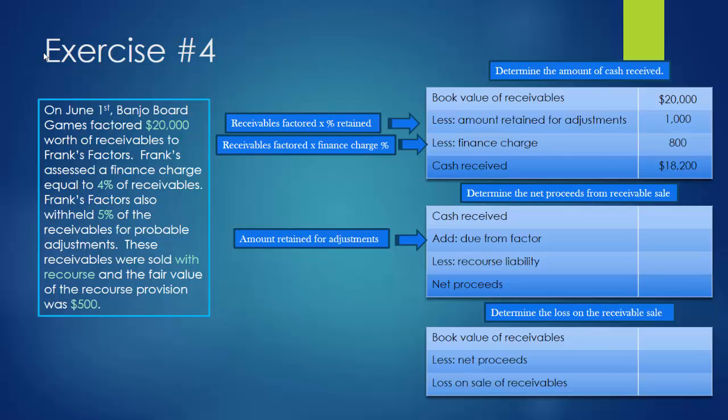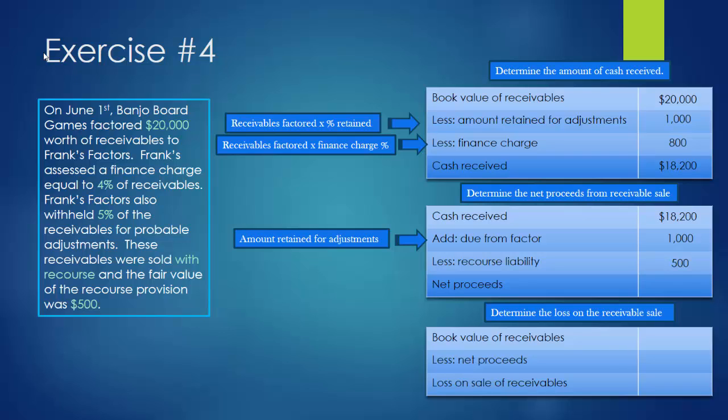Now we can determine our net proceeds. We're getting $18,200. The factor is holding on to $1,000 from probable adjustments, which is due to us, Banjo Board Games. If that bad debt isn't in there, if all that receivables end up getting collected, they got to send the $1,000 back. But we think that the fair value of the recourse liability is $500. That's how much they're going to end up taking away from us for bad debt contained within the receivables that we sold them.